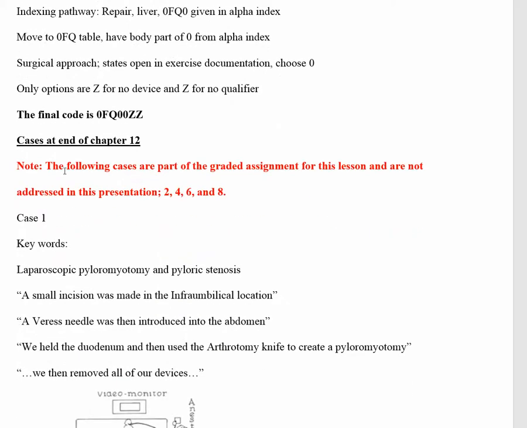Now for your lesson assignment, you have a graded assignment for this lesson, and that involves the even number cases at the end of chapter 12, which are operative reports noted as case studies. Of course, for academic integrity, I'm not going to go over the answers to 2, 4, 6, and 8 because that's part of your graded assignment.